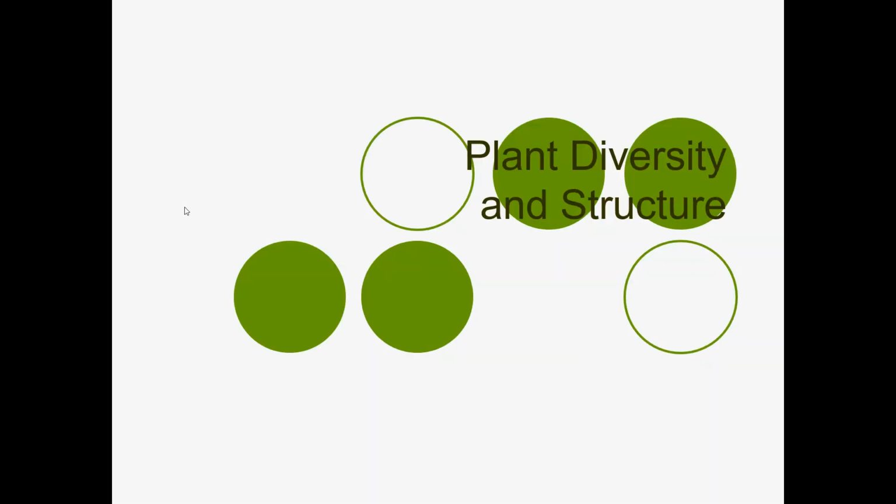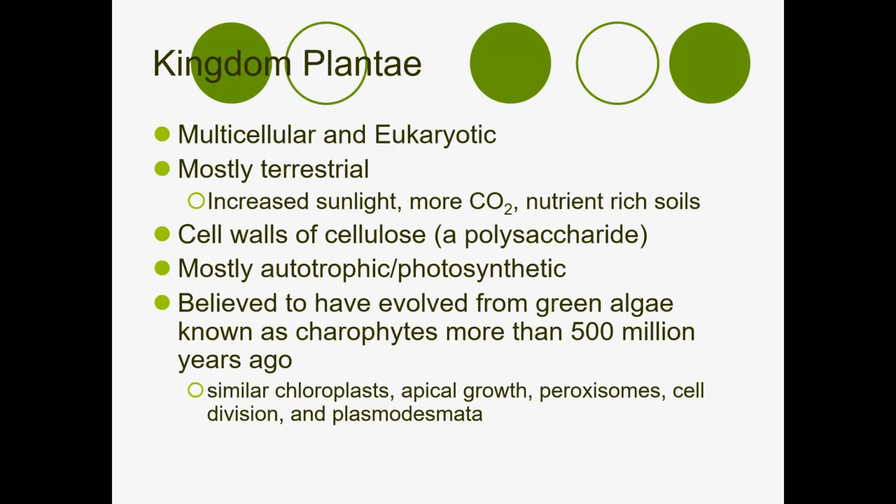So we're going to start off with just some basics about Kingdom Plantae. One thing that I think as an overall understanding you need is what makes a group a group. Like what made a prokaryote, bacteria or archaea, what made a protist, a fungus. And so what actually makes a plant a plant? These are some of the main characteristics of this particular kingdom.